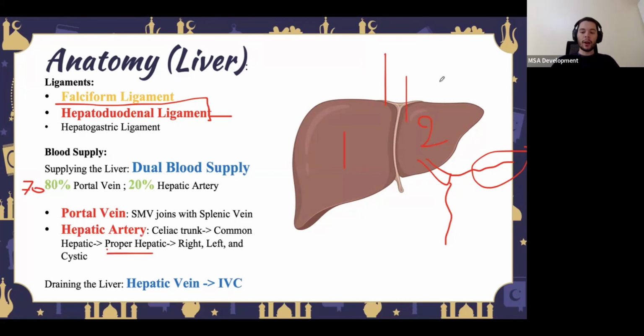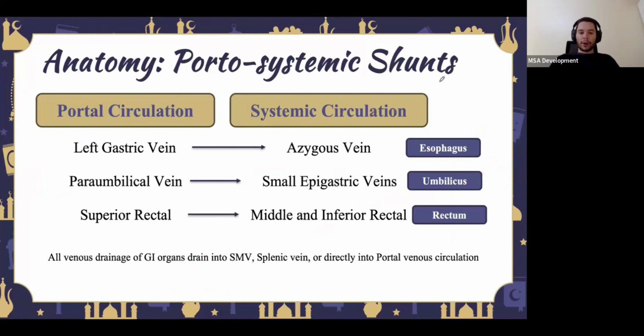Okay? Right. Now, a quick talk regarding the portosystemic shunts. We already mentioned how all your GI organs are drained directly either into your portal vein, your splenic vein, or your superior mesenteric vein. Okay? But some of those veins actually have certain communication with other systemic veins.